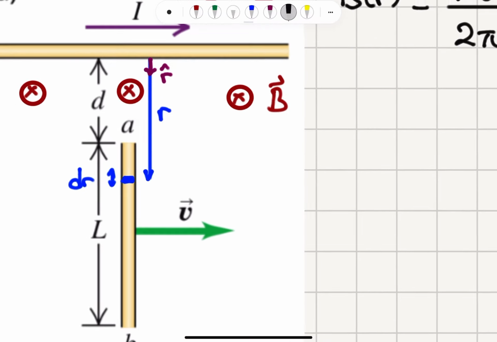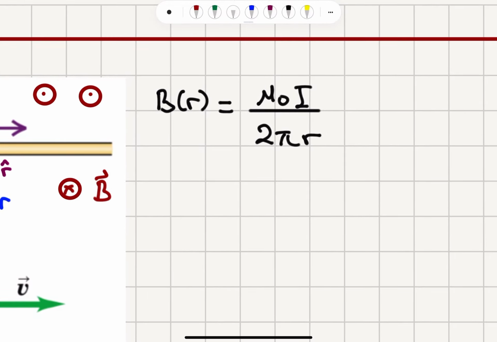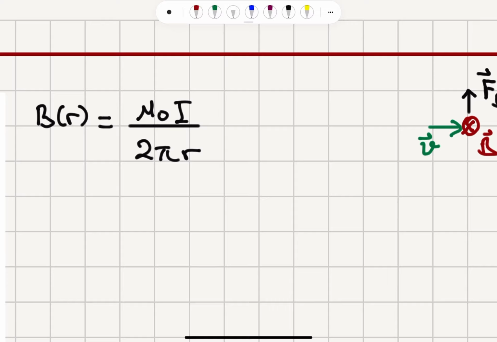And if I consider a charge element on this conducting bar, this charge element will be subject to a Lorentz force. And what will be that Lorentz force? It's qv cross B. So any charge element that I pick on this bar will feel a magnetic force, dF_B, which is equal to dq times the cross product of velocity with the magnetic field.